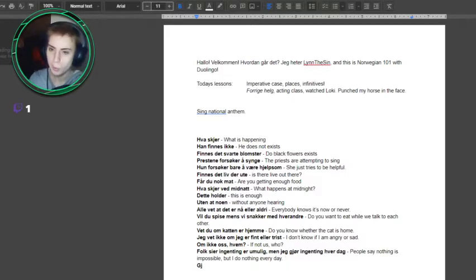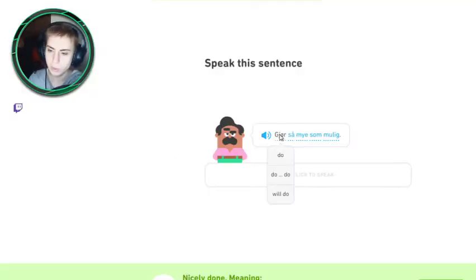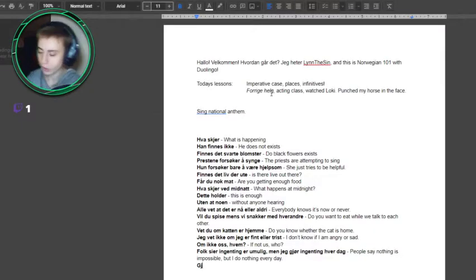I think this happened a lot too. Duo has a hard time picking up when I try to say gjør. Even Duo's like, it's hard to pick out these words in Norwegian. A lot of them sound similar.